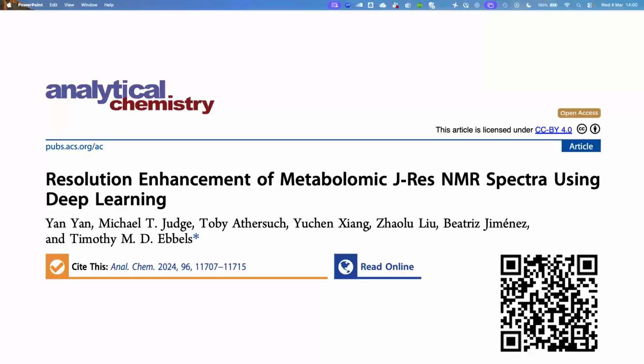Another aspect is, is there actually enough information in these data sets to be able to do that deconvolution well in the typical case? I think there will be cases where you have really crowded regions where, if there is variation in peak shape, which you have to assume there is, there's probably not enough information in one spectrum to do that. But if you train it across a large number of spectra, it can maybe pick up some of these implicit priors.